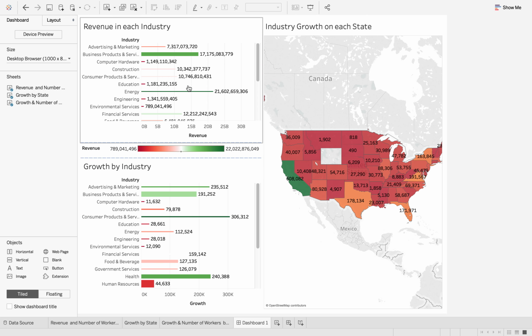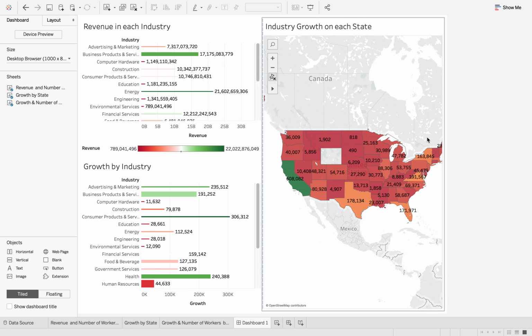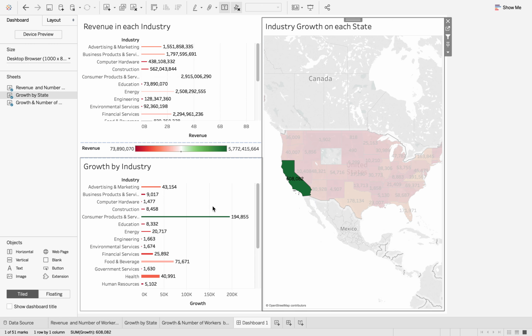When you open the dashboard, it has all the three tabs that were previously created, but we create a filter so that if I click California, it shows the specific industries in California and the specific growth and revenue there.